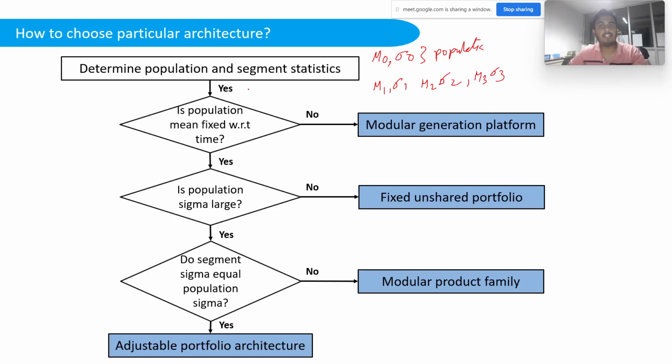The first thing you can check is whether the population mean is fixed with respect to time. For example, consider the demand for a zoom lens in a camera. The capability or the length of the lens, probably the mean length, is mu naught.